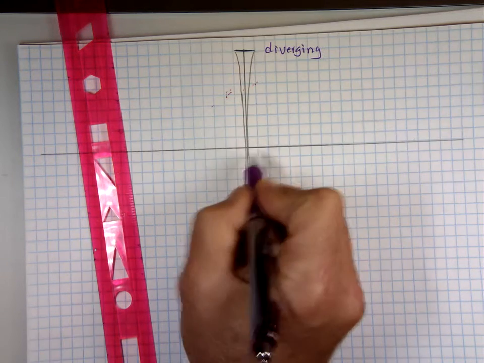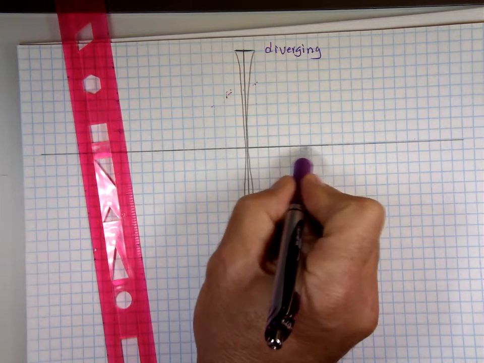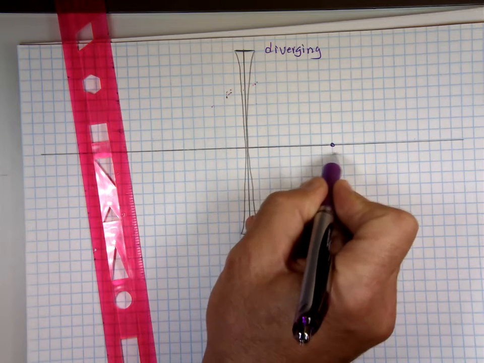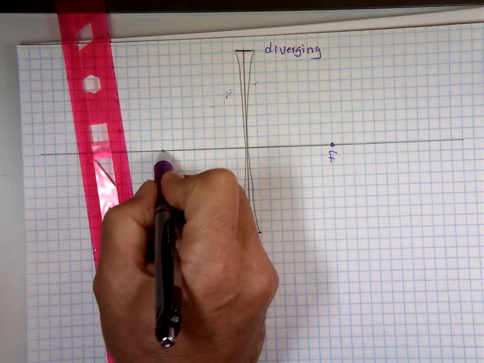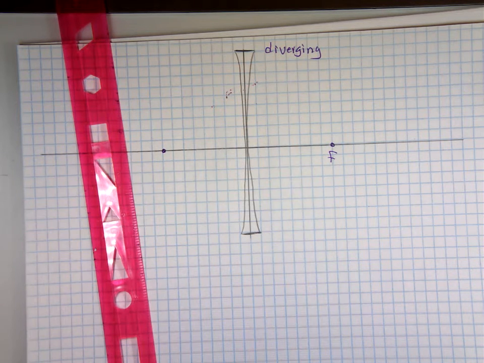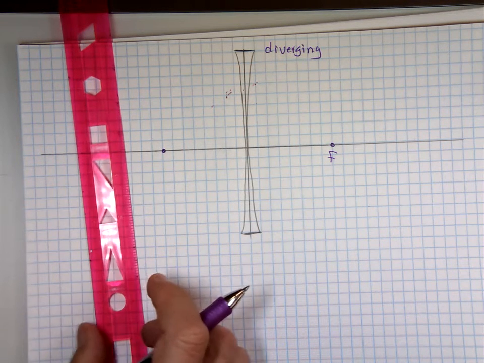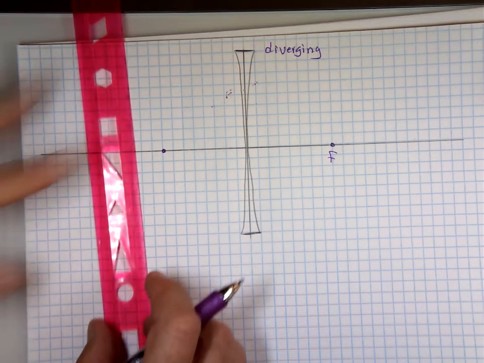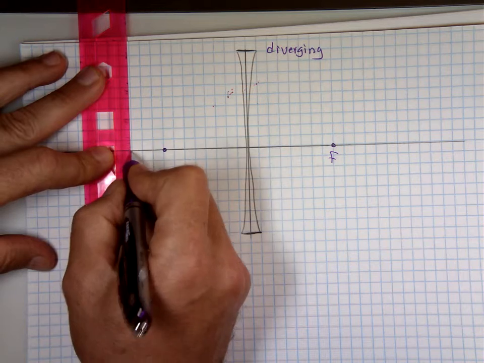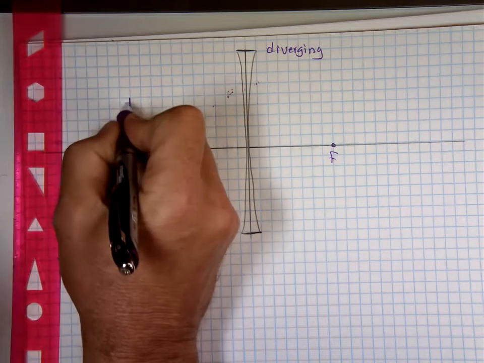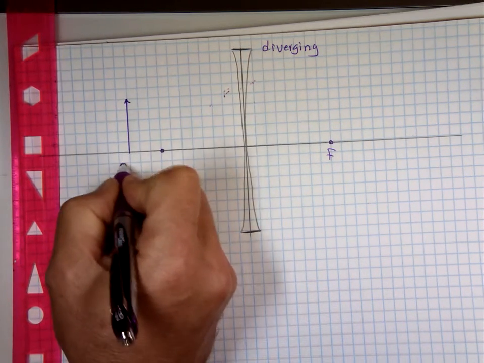One, two, three, four, five, six, seven, eight, F. 1, 2, 3, 4, 5, 6, 7, 8, F. It really doesn't matter where you put the object. You can put it anywhere you want to. So I'm going to put my object right here. So only one scenario for that.